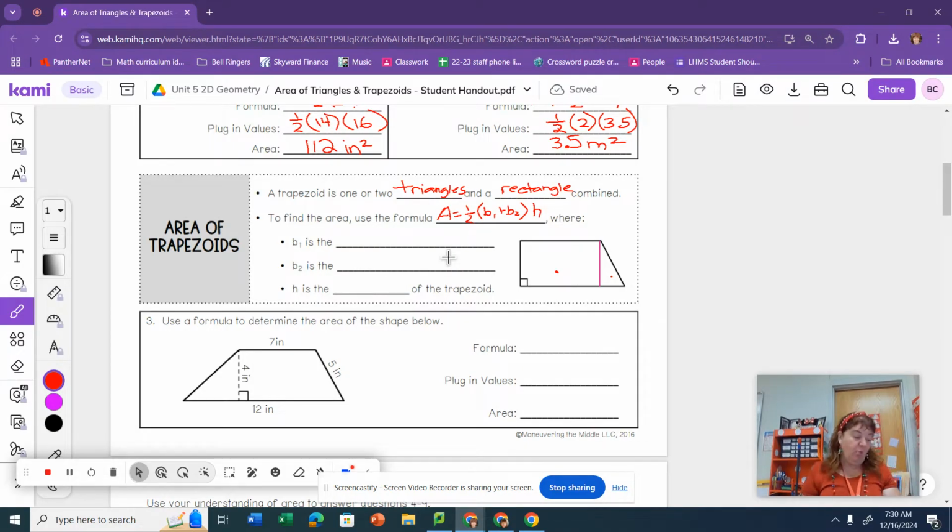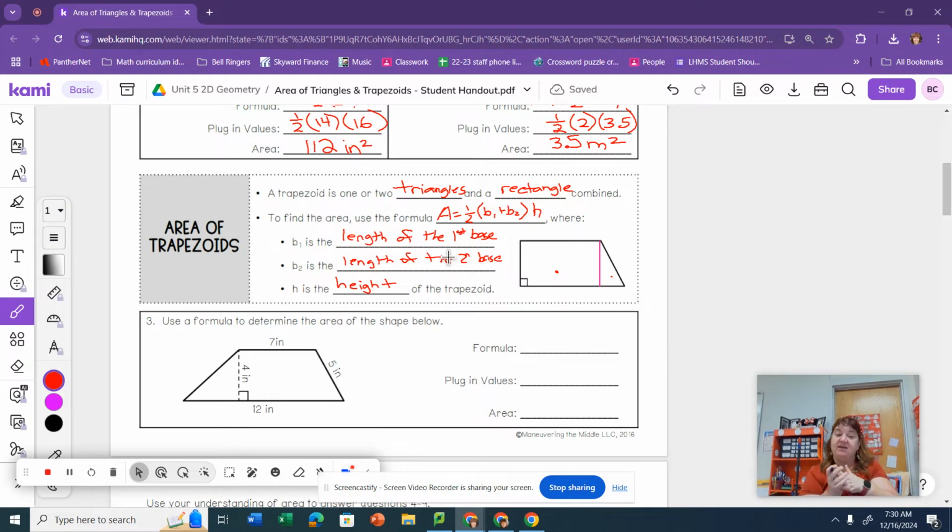Where B1 is the length of the first base, and B2 is the length of the second base. And then the height, or the H, is the height of the trapezoid.